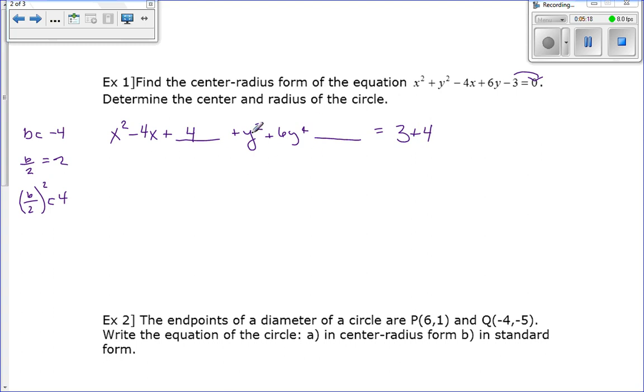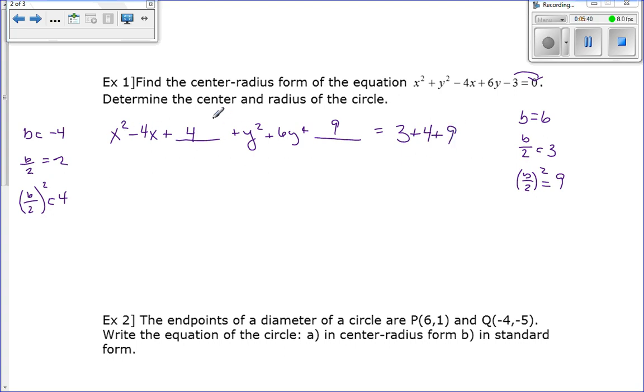I must also complete the square for y. So in y, b is 6. Half of b is 3. Half of b squared is 9. So I add 9 here, and I add 9 there.